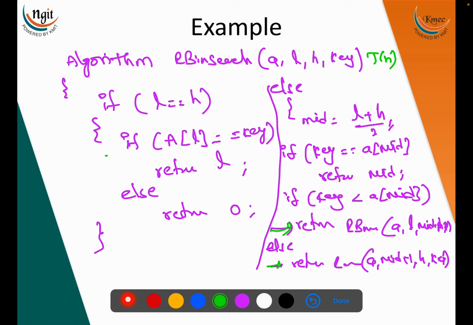For each comparison operation, it will take 1 unit of time, and it will take either this or this, so I'm assuming T of n by 2. So the complexity T of n is the sum of all these complexities, correct?